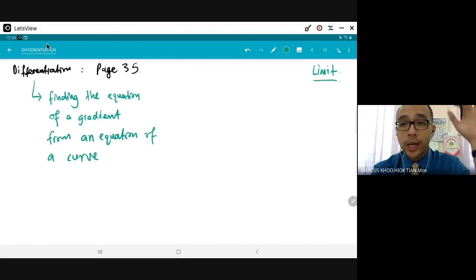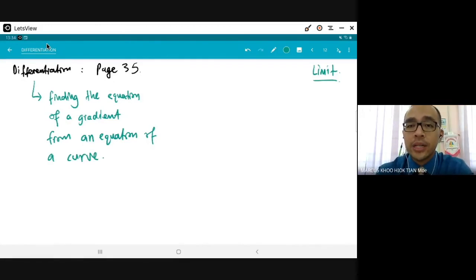Okay, I want you to get this clear first. Apa itu differentiation sebenarnya? Okay, differentiation is kamu mau cari persamaan yang boleh mewakili the gradient, daripada satu persamaan curve.